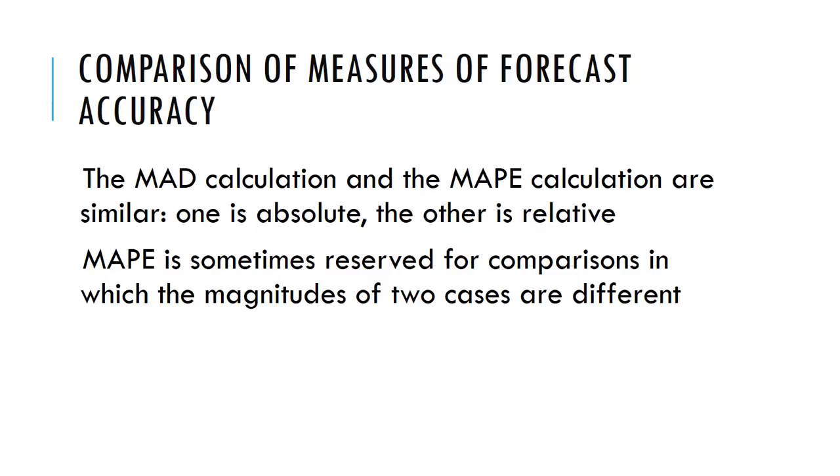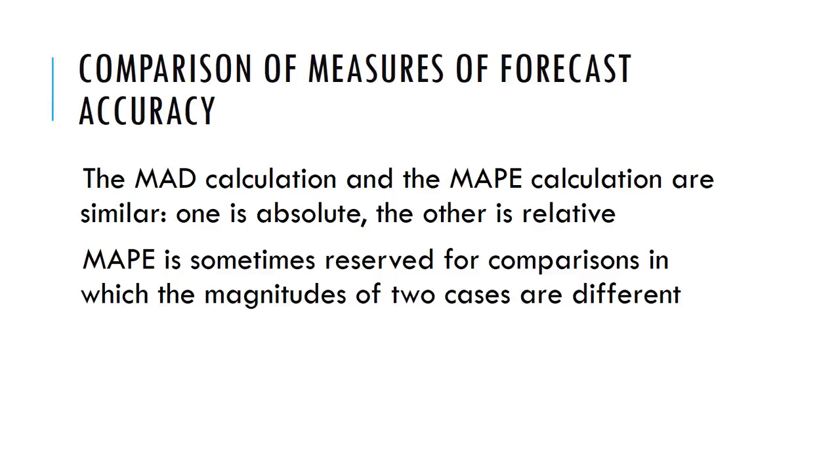So the comparison of the different accuracy measures: the MAD calculation and the MAPE calculation are very similar. One's absolute, in terms of magnitude, that's the MAD, and the other is relative, so it gives us a percentage, that's the MAPE. Sometimes MAPE is actually reserved for comparisons in which the magnitudes of the two cases are different, and this could be even different units that we're measuring in.